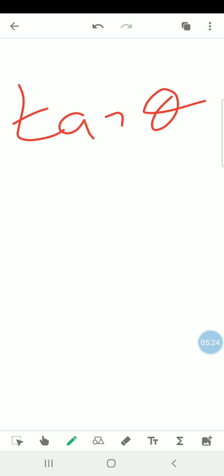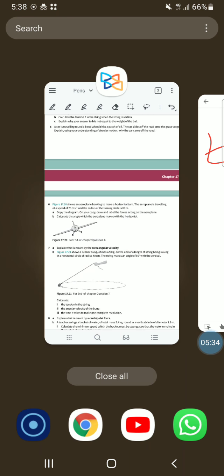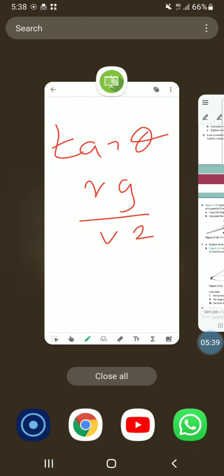You will be left with rg upon v squared. Rg upon v squared. Now they have given the radius of the circle to be 80 meters.